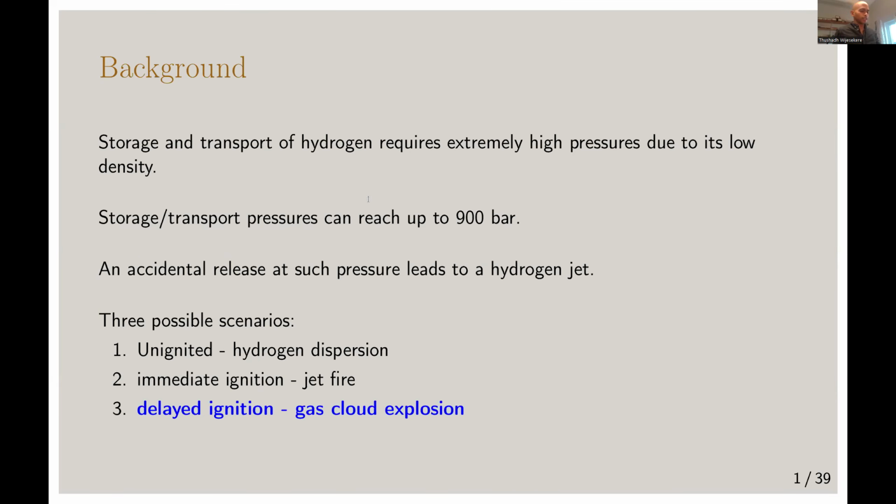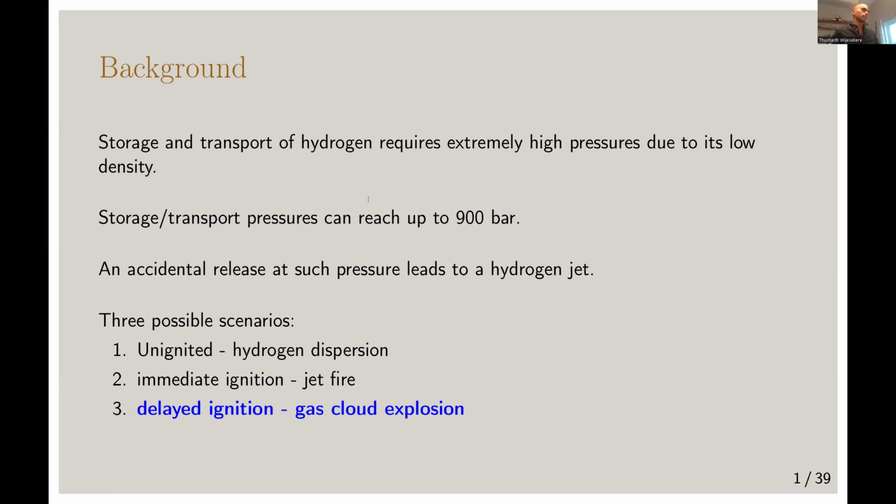So hydrogen is a very hot topic these days, mainly related with the green transition. But hydrogen also comes with a few issues when it comes to safety, because it has some unique properties compared to commonly used fossil fuels.